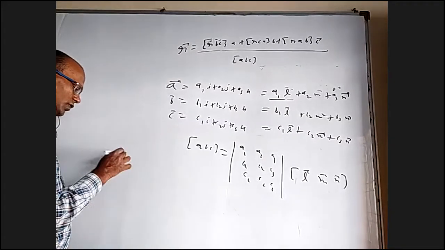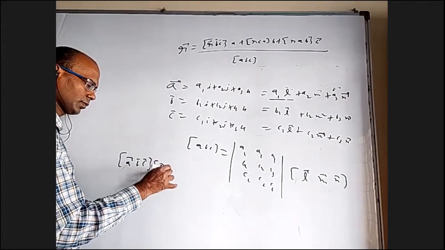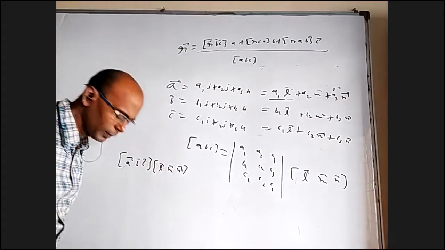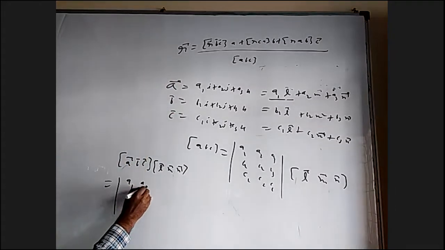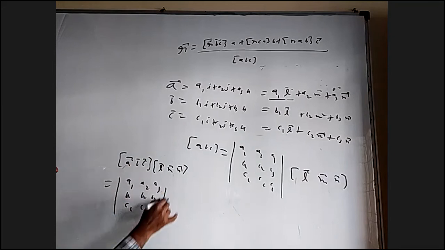We have another interesting formula, very simple, box ABC into box LMN. This is a determinant and this is a determinant. Maybe A bar is A1I plus A2J plus A3K, B bar is B1I plus B2J plus B3K, C bar is C1I plus C2J plus C3K.